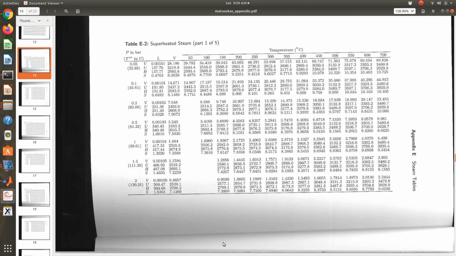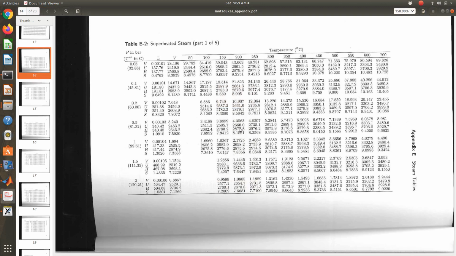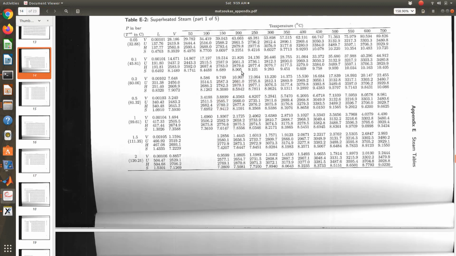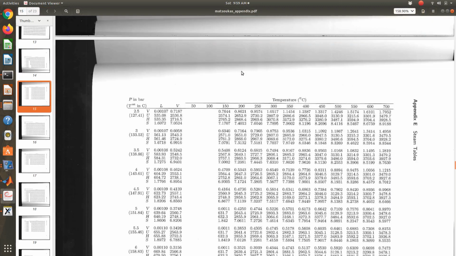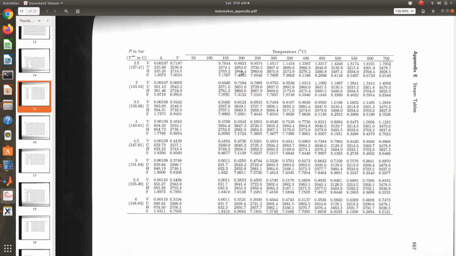I go back to my superheated steam tables. I know I'm at a temperature of 200 degrees C, and what I want to find out is my pressure. So I'm looking in this column at 200 degrees C for values that bracket my answer.